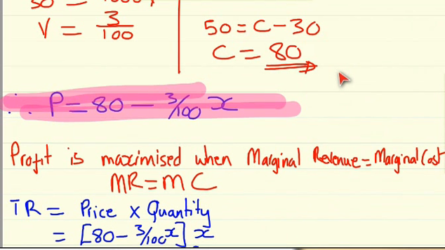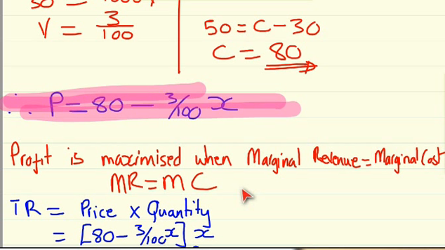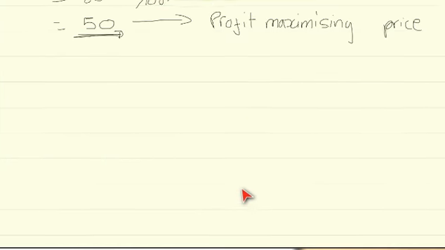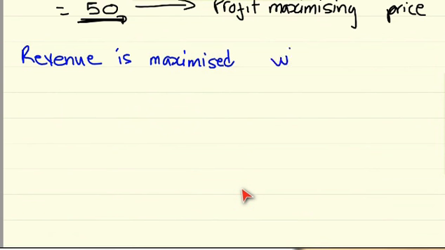Then number 2b, the question wants us to calculate the revenue maximizing output and price. So from my economics, I know that revenue is maximized when your marginal revenue, MR, is equal to 0.